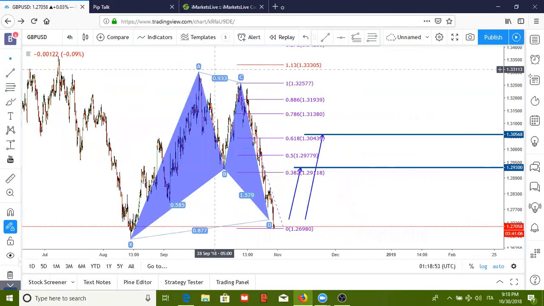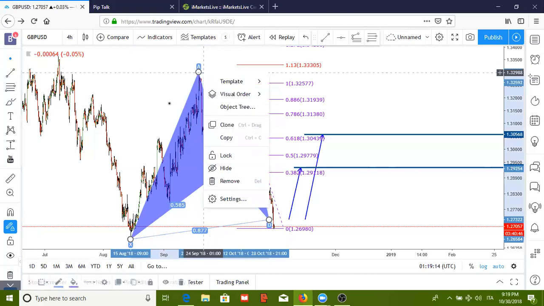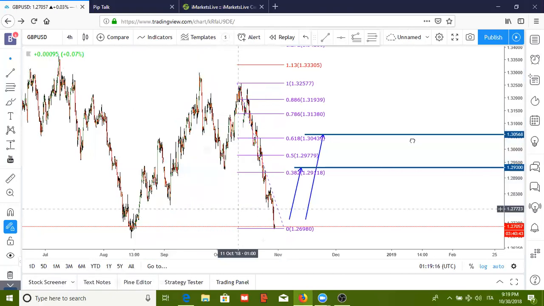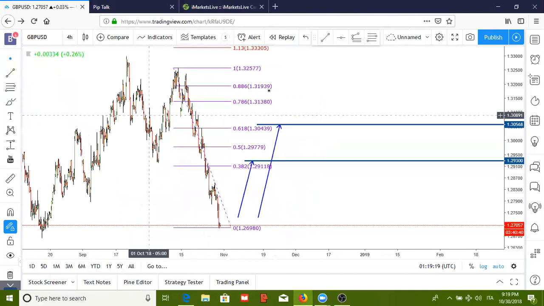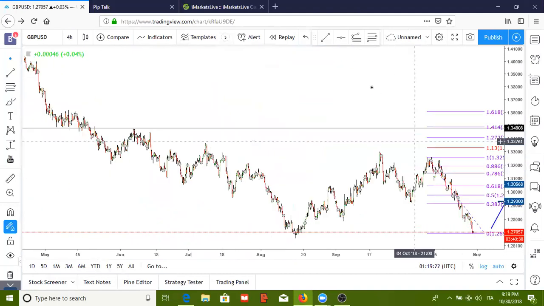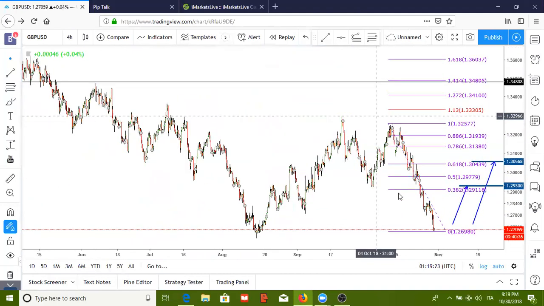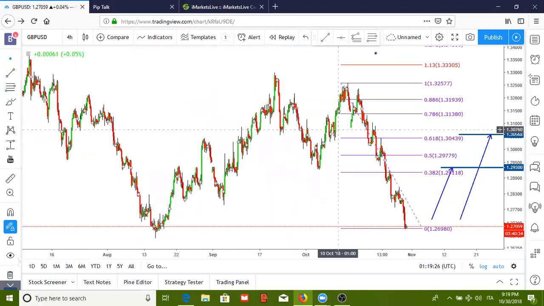Price came all the way down, created a level of support, which is right here. Again, all your harmonic patterns will start with a level of support or a level of resistance. From that point, I'm going to delete this so I can draw it up for you guys so you can all follow me as well. Let me zoom in some. All right, perfect.